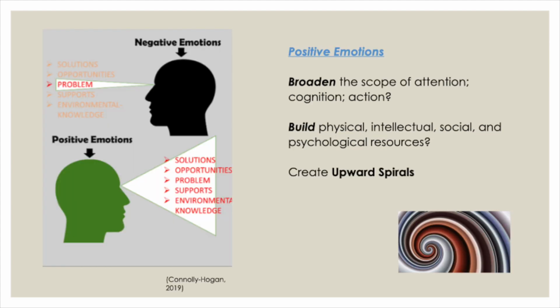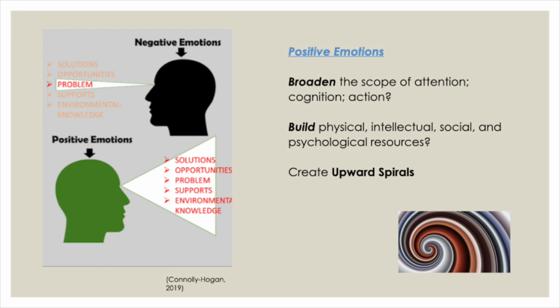So here is my own model for explaining Barbara Fredrickson's broaden and build theory. When we experience negative emotions, we seem to only focus on the problem. And I know for sure there's been times in my life when I only felt I could see the problem, that all the solutions, the opportunities, the supports that were open to me, the knowledge that I had of how to get out of the situation paled, and all I could see and focus on and think about was the problem.